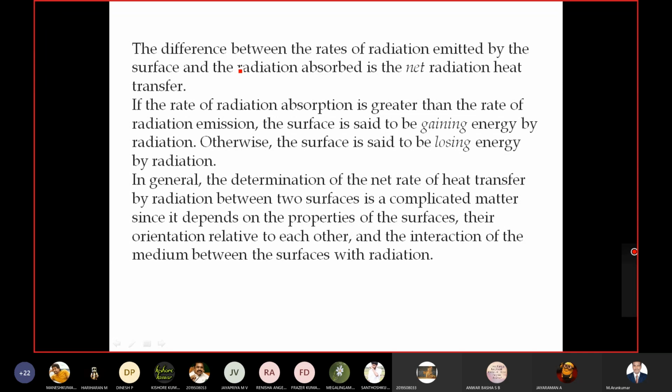In general, determining the net rate of heat transfer by radiation between two surfaces is a complicated matter, since it depends on the properties of the surfaces, their orientations relative to each other, and the interaction of the medium between the surfaces with the radiation.